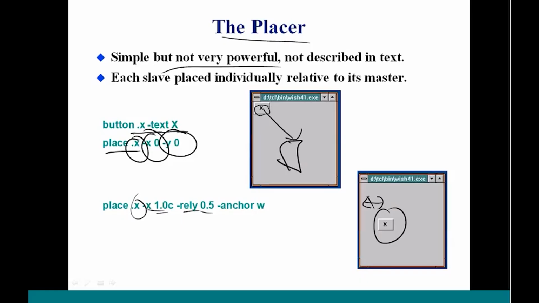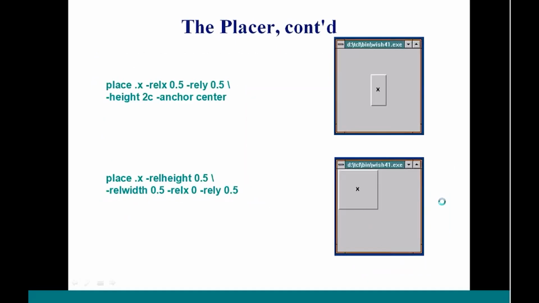In the Y direction it's 0.5 centimeter, on the X direction it's just 1 centimeter, and then with an anchor as W. So these are some of the coolest things that you can do. Another one is relative X 0.5 and relative Y 0.5, but the height is increased to 2 centimeters. So now we have this kind of thing, and then the anchor is at the center.